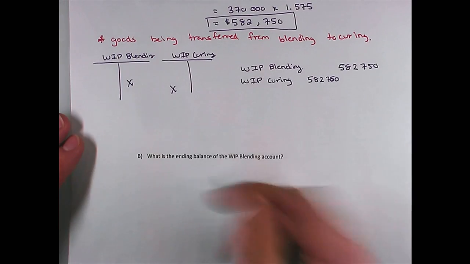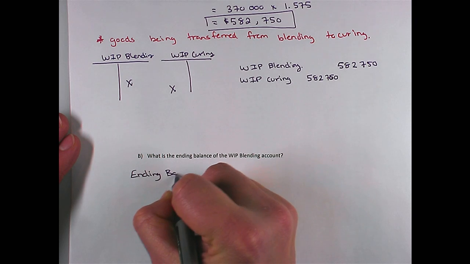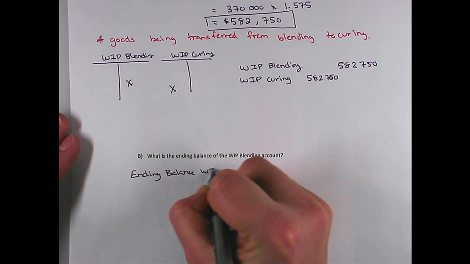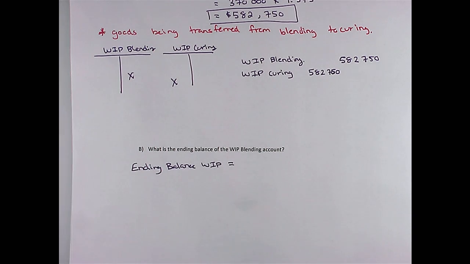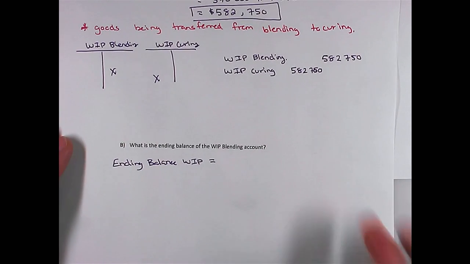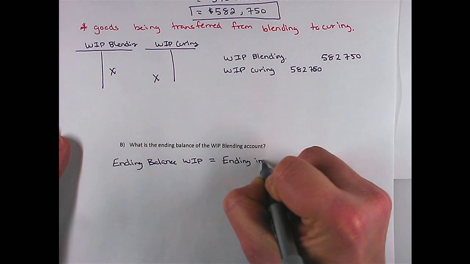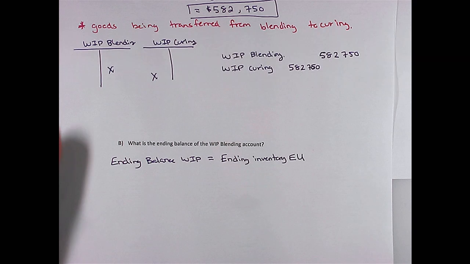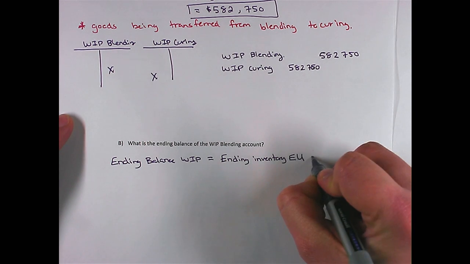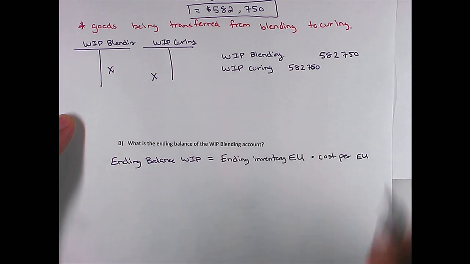And so for our ending balance work in progress, we want to just keep in mind that in general, what it's going to be is our ending inventory, but in terms of equivalent units. How many whole units do we have there, basically? Times the cost per equivalent unit.